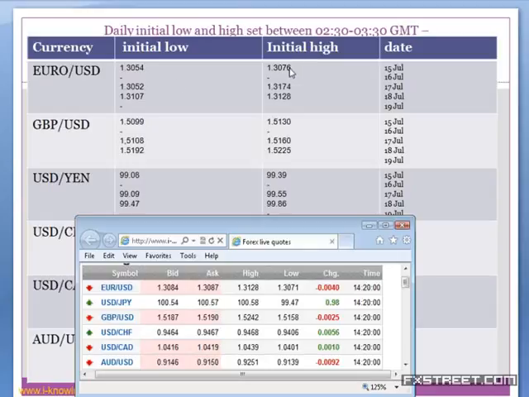So this was the initial high on Monday, and they are trying to hold around that 1.3071. Monday they came down to 1.3045 or so, and they have not gone to that level. They are holding it here. In the case of GBP, Monday it was holding around the 1.5100 area, and they gained the level.